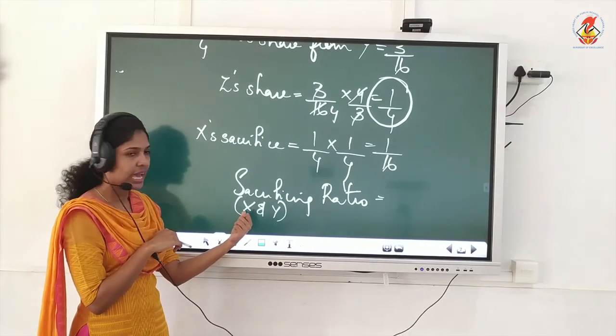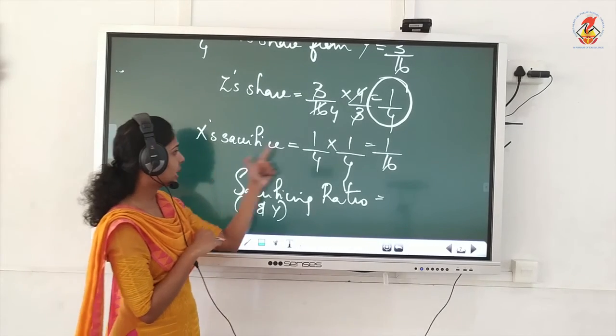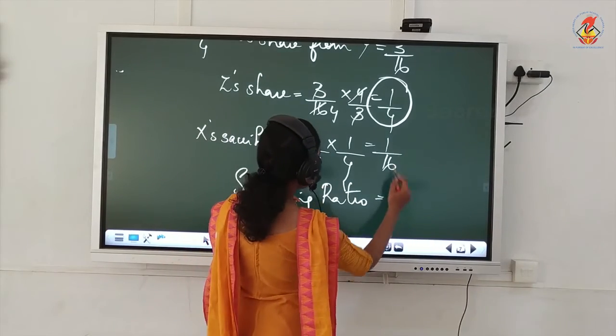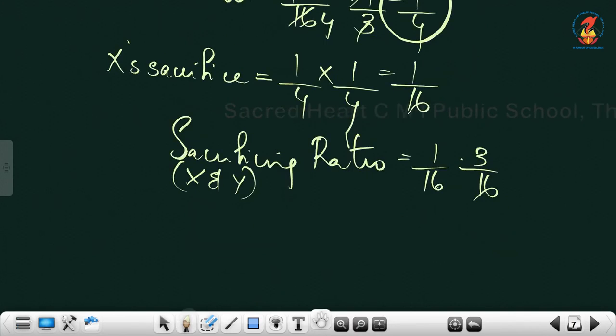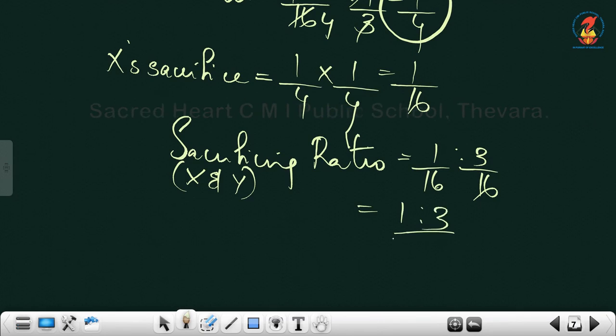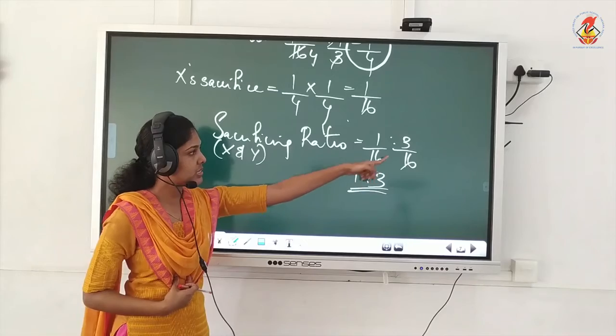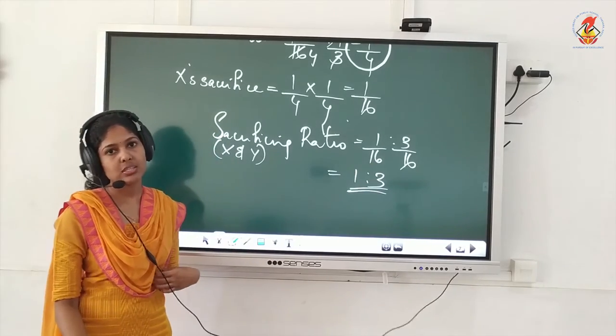So you have to take X proportion first, that is 1 by 16, and the other partner 3 by 16. The base is same. So you can write the sacrificing ratio as 1:3. So sacrificing ratio between X and Y, take in that order itself. 1 by 16 and 3 by 16, that is 1:3.